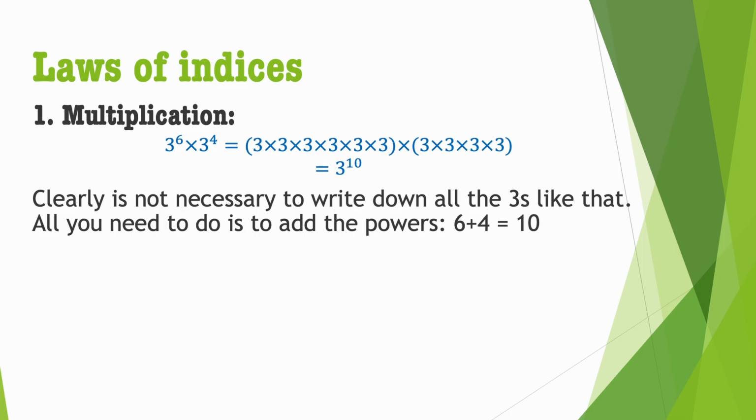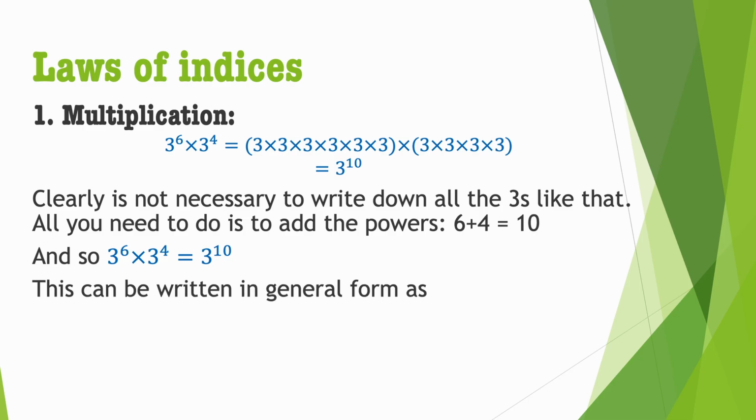However, clearly it is not necessary to write down all the 3's like that. All we need is to add the powers. So you add 6 plus 4, we get 10. Therefore, 3 to power 6 times 3 to power 4 is actually 3 to power 10.